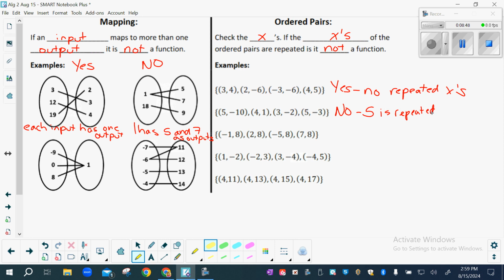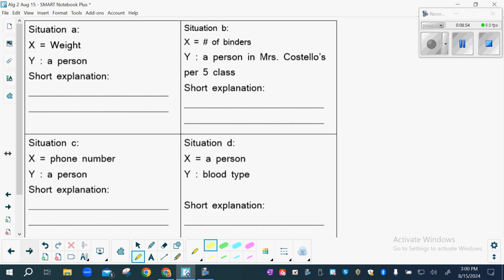Okay, let's go to the back. The situations, which are the hardest. So situation A, the x is a weight, and y is a person. So say the weight is 120 pounds. Could there be more than one person that has a weight of 120 pounds?